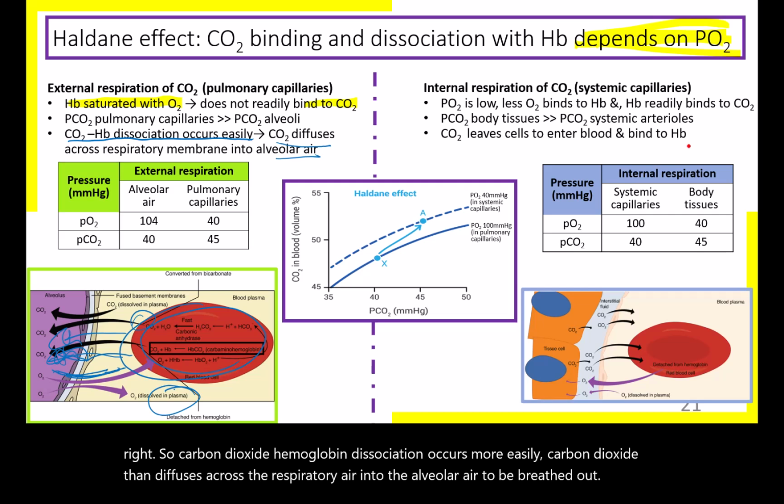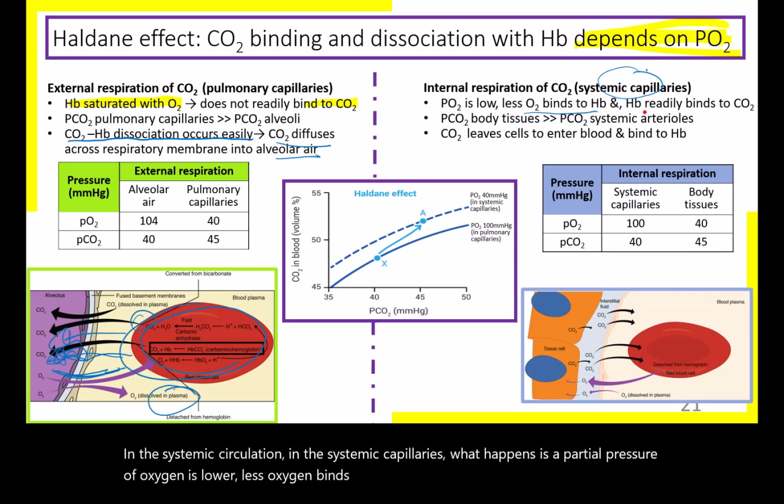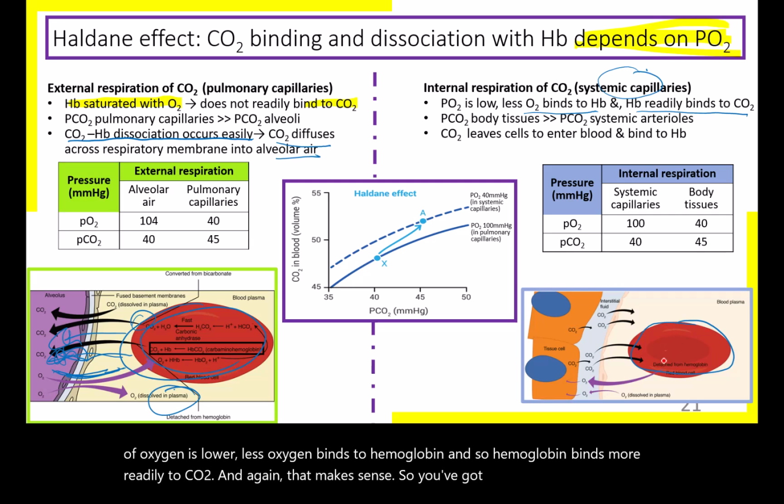In the systemic circulation, in the systemic capillaries, the partial pressure of oxygen is lower, less oxygen binds to hemoglobin, and so hemoglobin binds more readily to CO2. And again, that makes sense. So you've got the red blood cell over here with hemoglobin.